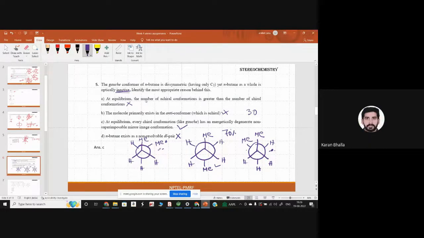Yes, sir. Okay. You correctly said that 70% of the molecule remains as anti, and this is the more stable one, as there is no interaction between the two adjacent methyl groups, and the remaining 30% stays in the gauche conformation, P gauche and M gauche.